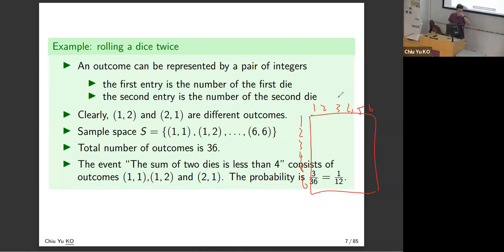And the event that the sum of 2 dice is less than 4 actually refers to 3 outcomes, which are (1,1), (2,1), and (1,2). You have to note that these are different. And if the die is fair, then the 3 outcomes out of 36 give a probability of 1 in 12.